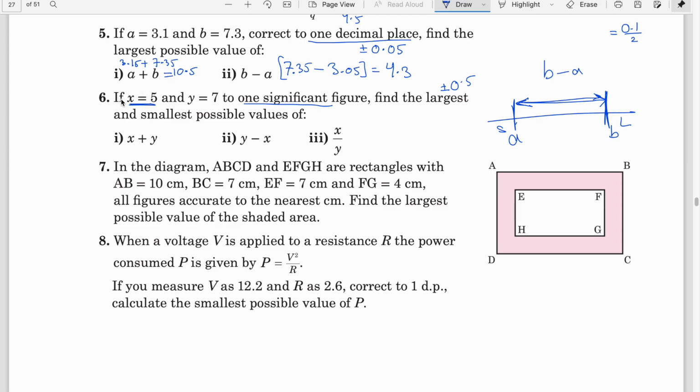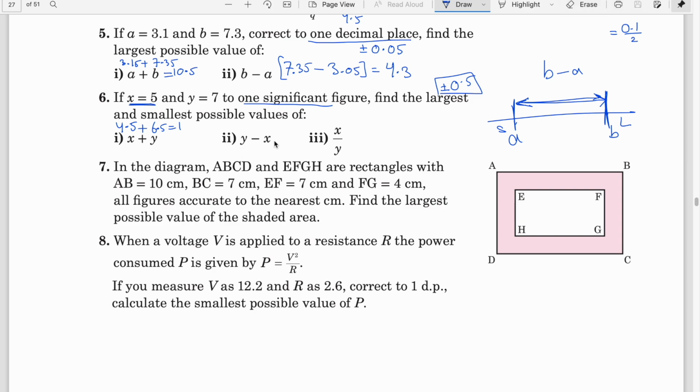Can you see this value x is equal to 5? So what is the smallest value of x? You know the uncertainty is 0.5, so 4.5 is the smallest value of x, and what is the smallest of y? 6.5. So when you add these two, you get 11.